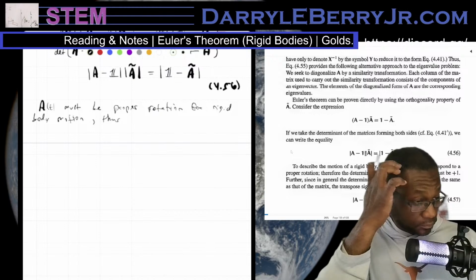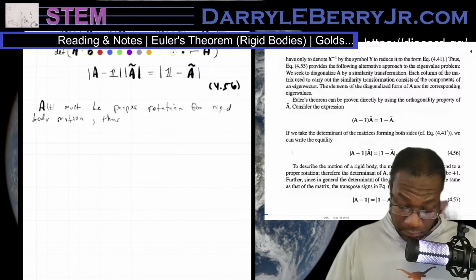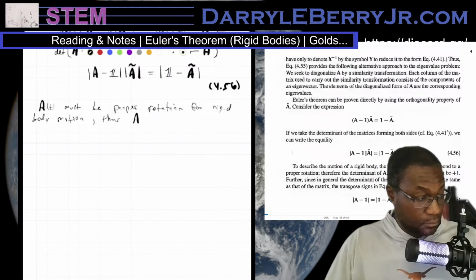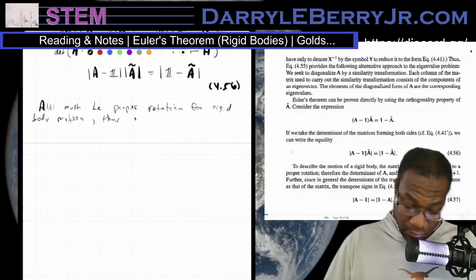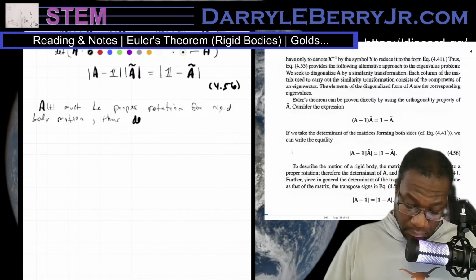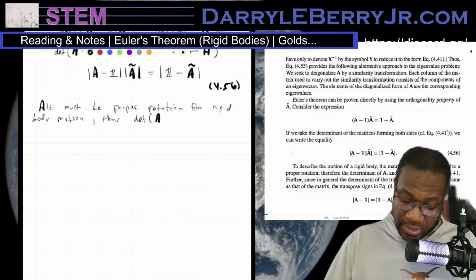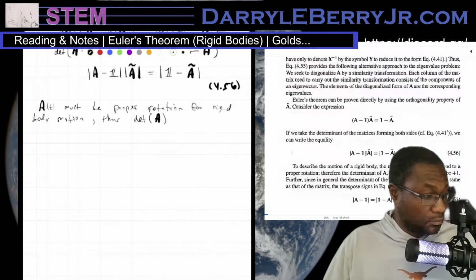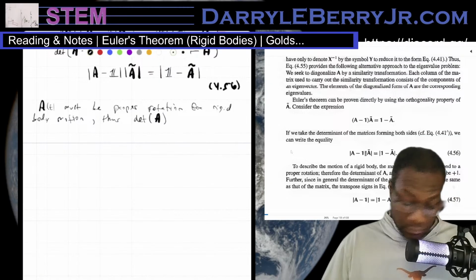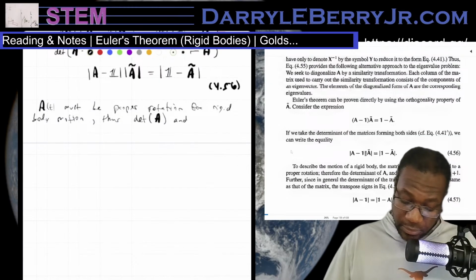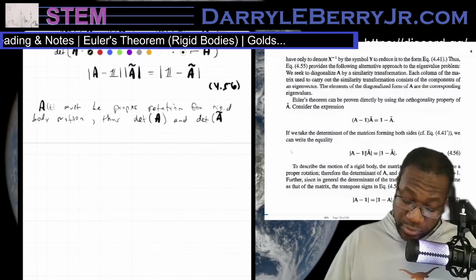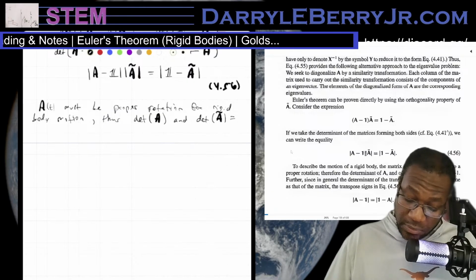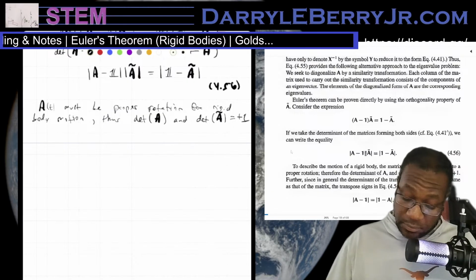Thus, determinant of A and determinant of A transpose equals +1.